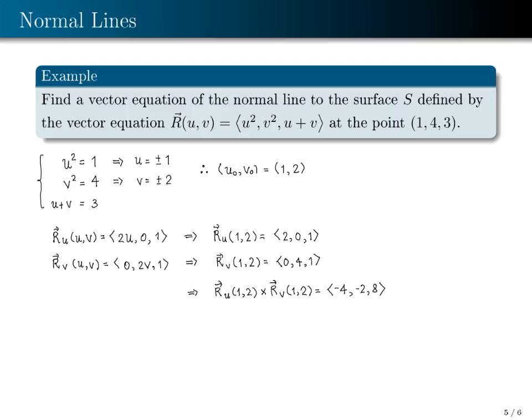Thus, the normal line passes through the point (1, 4, 3) and has direction vector (-4, -2, 8). Therefore, a vector equation of the normal line is given by the vector r(t) with components 1 minus 4t, 4 minus 2t, and 3 plus 8t.